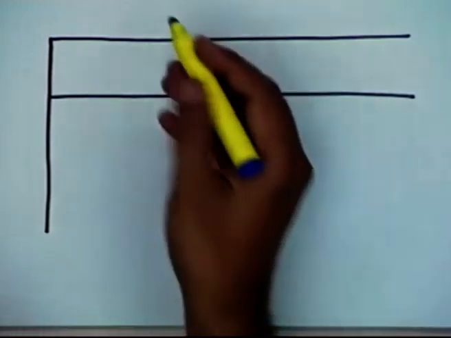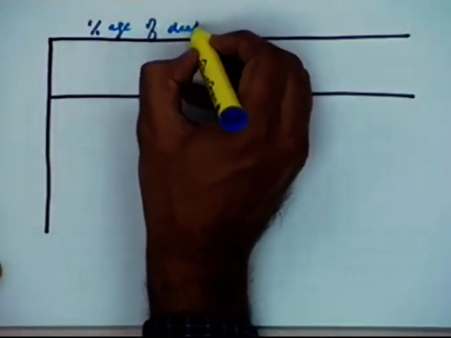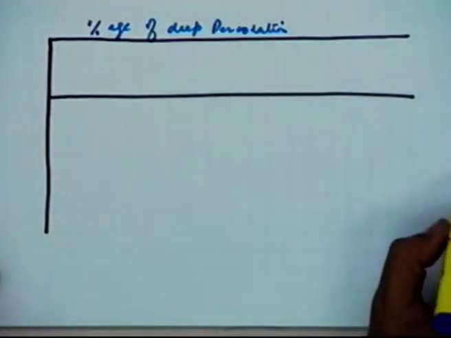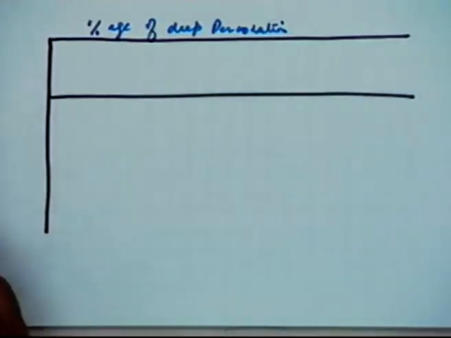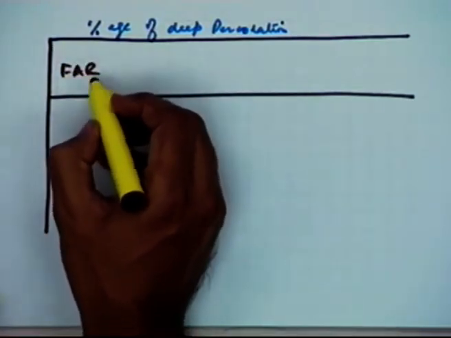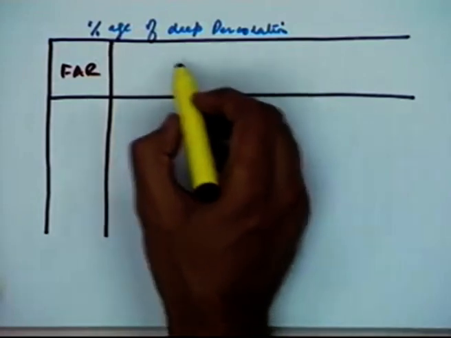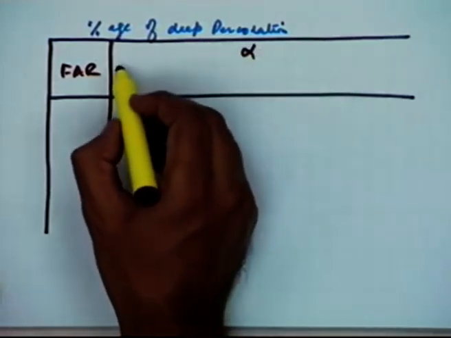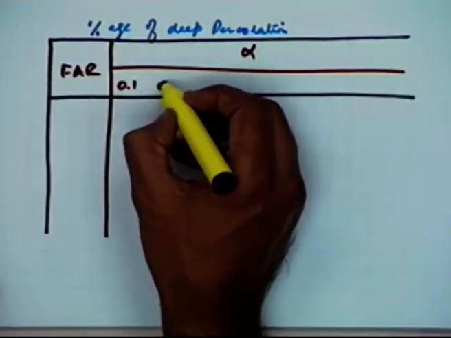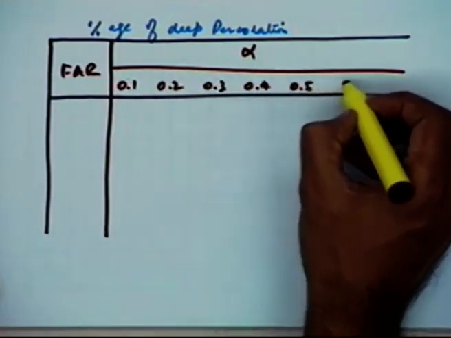It gives the expected percentage of deep percolation, and on this side you have the fractional advance ratio FAR, here you have the alpha values for different soils, maybe ranging from 0.1 to 0.9.